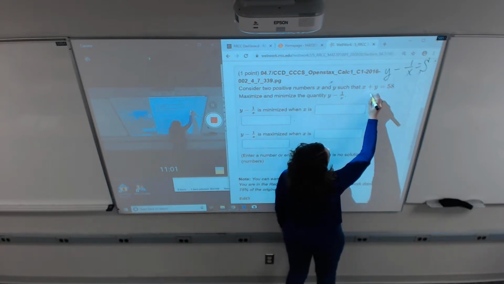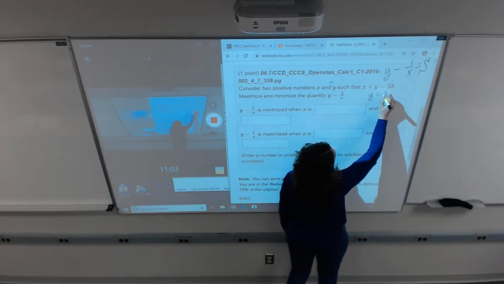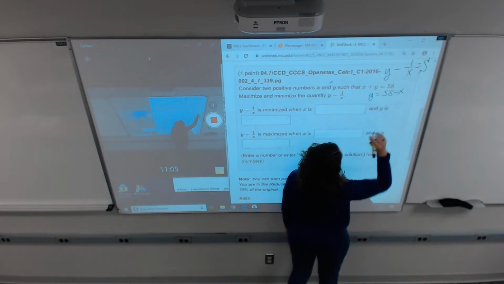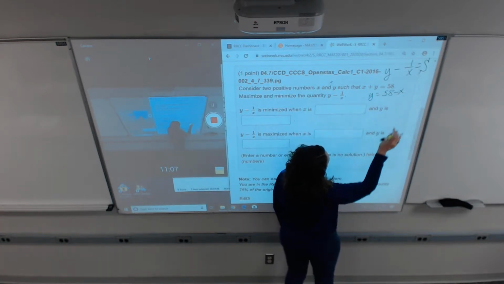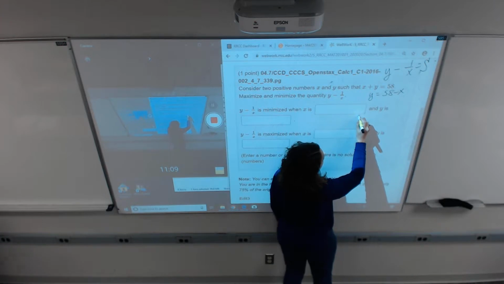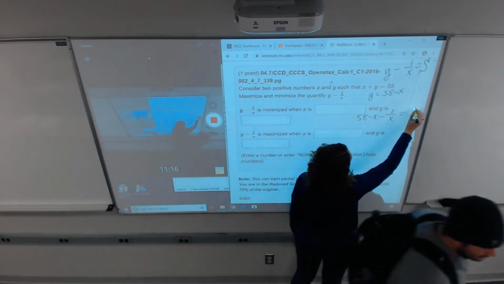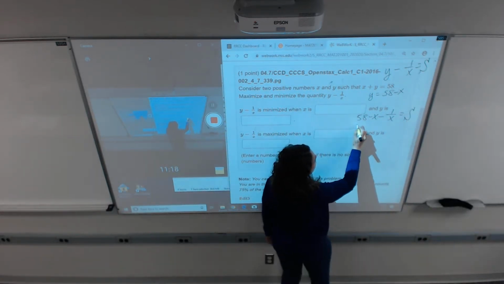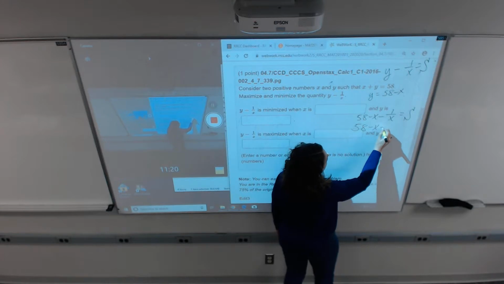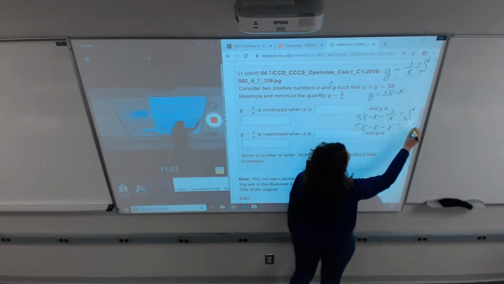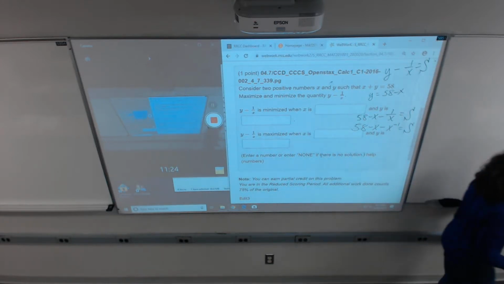So solving for y, I get 58 minus x. So then I'm going to substitute for y. So I get 58 minus x minus 1 over x equals S, which you could rewrite as 58 minus x minus x to the negative 1 as your sum.